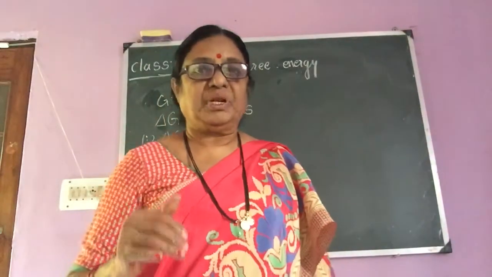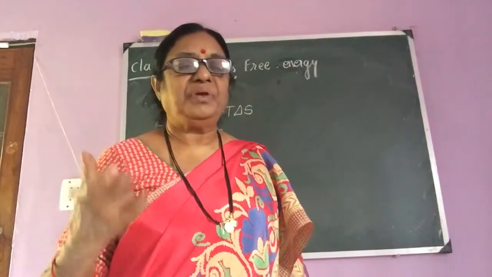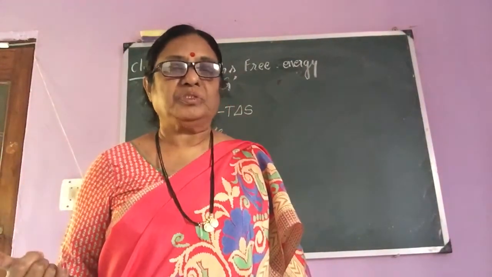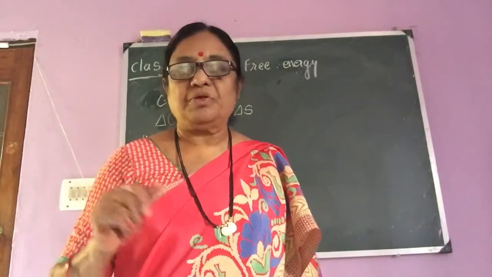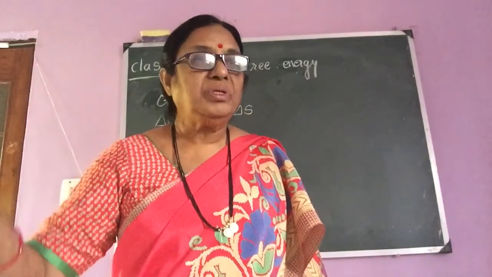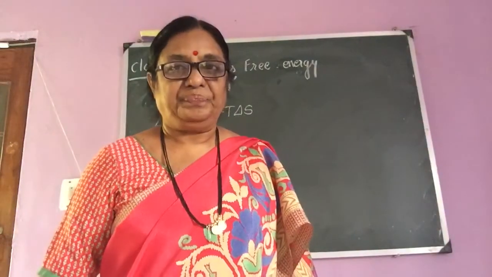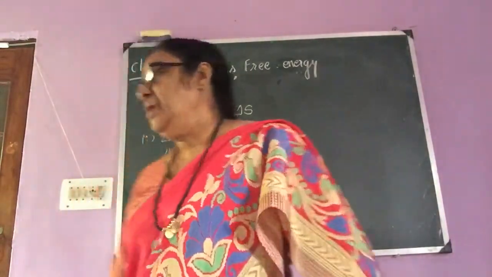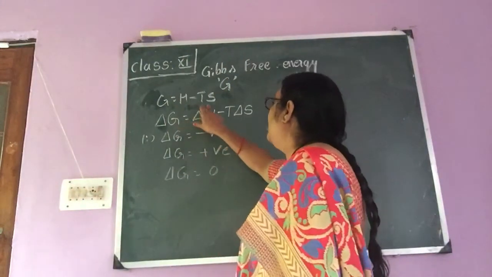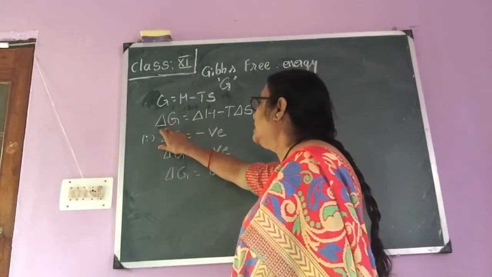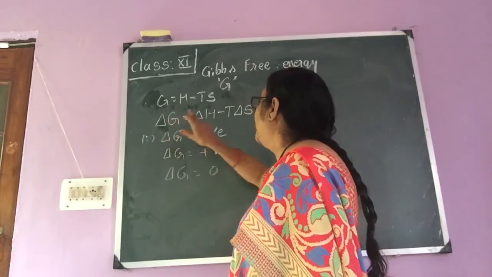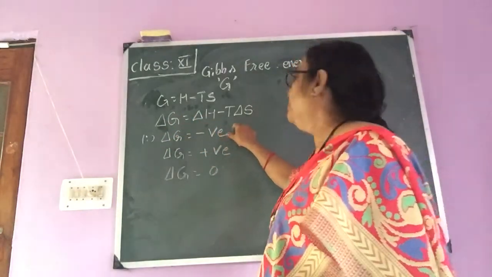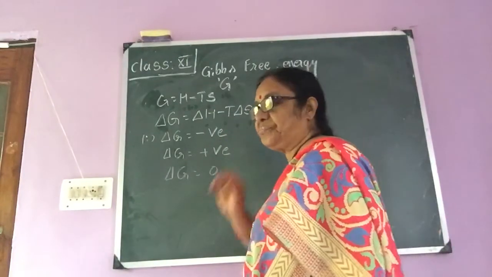For example, children, whatever you eat, if you eat apple, potatoes, rice, that is converted into glucose, and that glucose is stored in your body, and when you do the work, that energy is converted into useful work. So G is equal to H minus TS, and the change in the Gibbs energy is equal to change in the enthalpy minus T into change in the entropy.